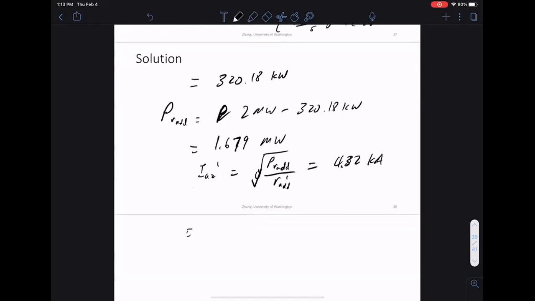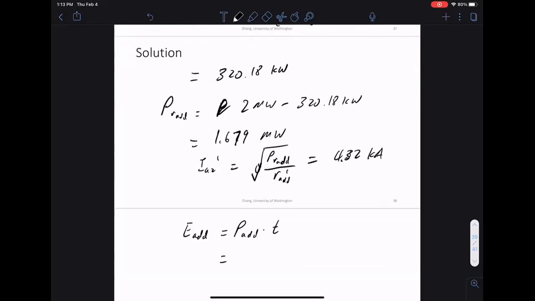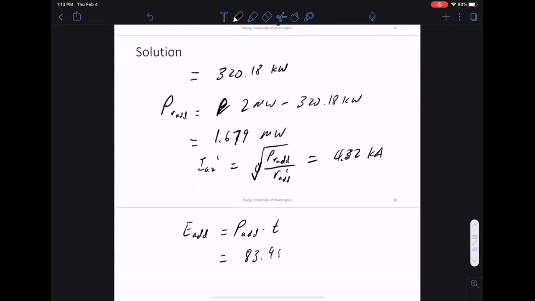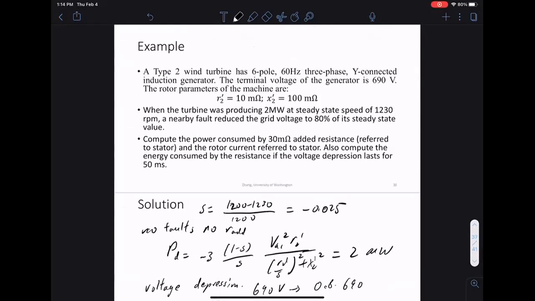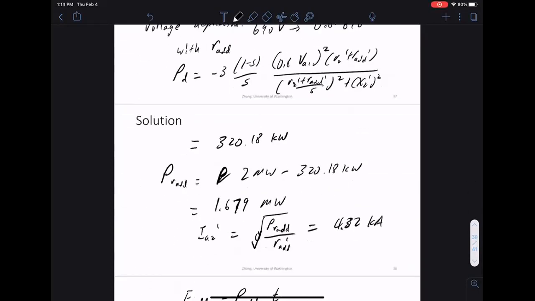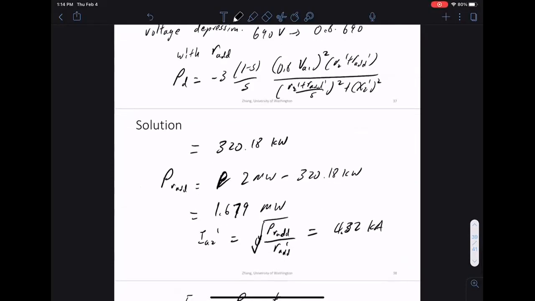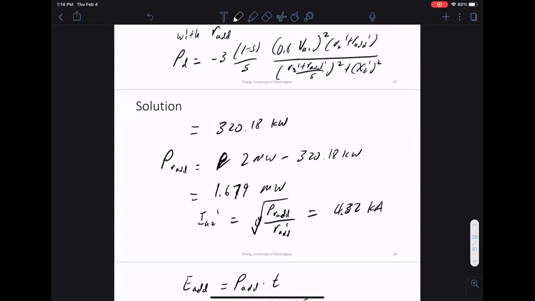And then, of course, the energy we dump through this resistor is the power multiplied by how long this voltage depression lasts. This is 83.95 kilojoules. So this is what happens when we have a fault: we have a voltage depression, and a lot of power, instead of going to the grid, gets dissipated in the resistors themselves.